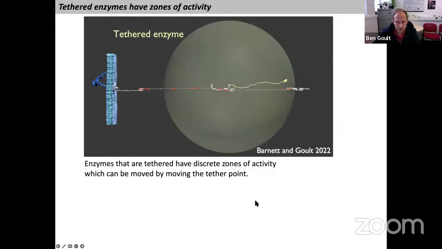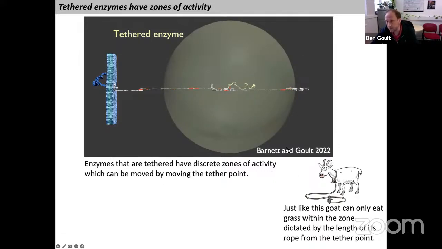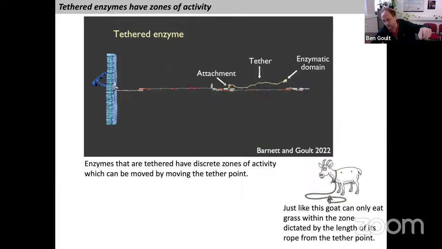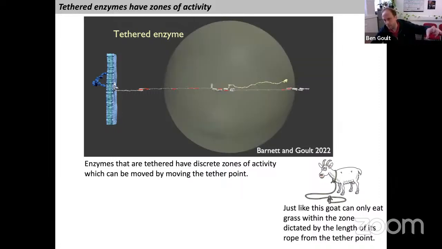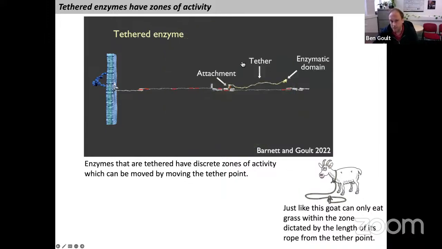And this is exactly the same as this goat in a field where he's tethered by this string and this stake, and he'll eat a really tight circle of grass, the length of that rope around that center point of the stake. If you make the rope longer, it'll eat a longer patch of grass. And if you move the stake, it'll eat a different patch of grass. And this is what's happening here.